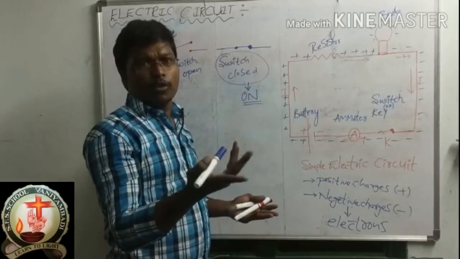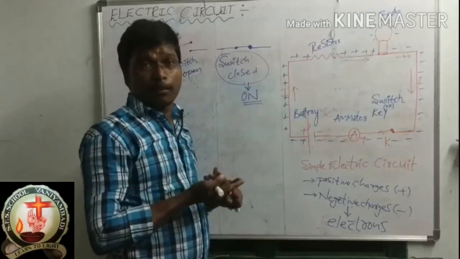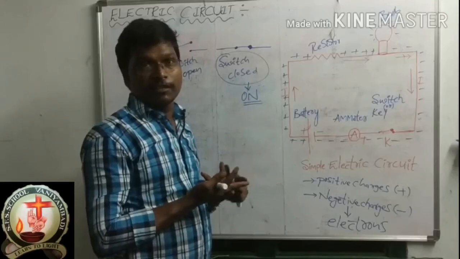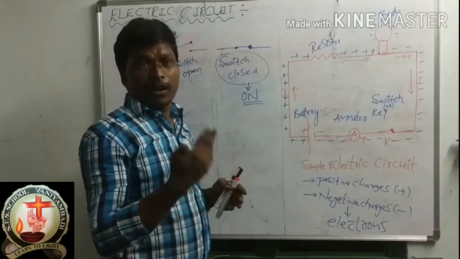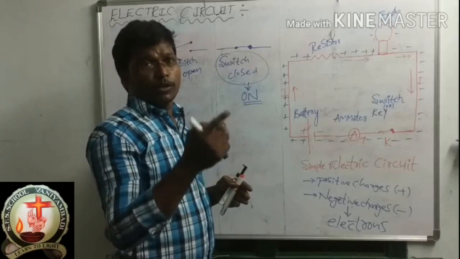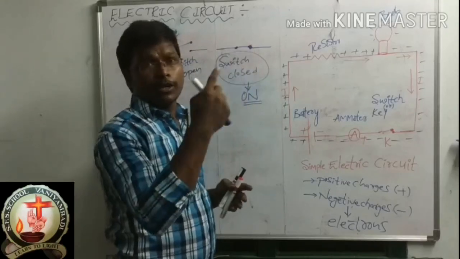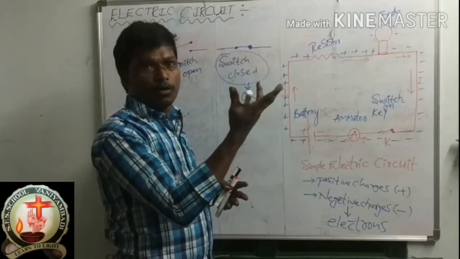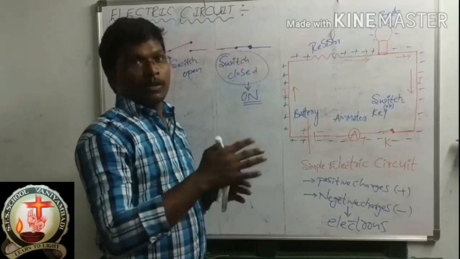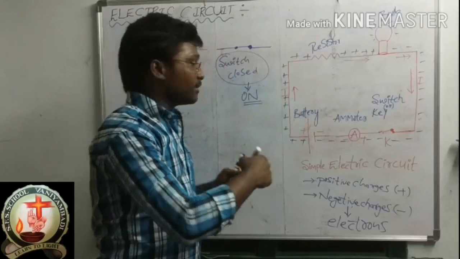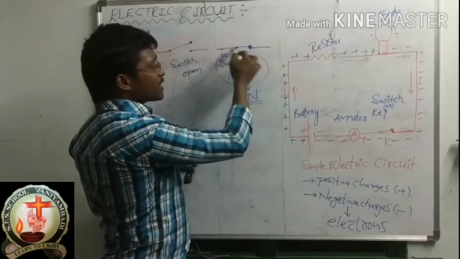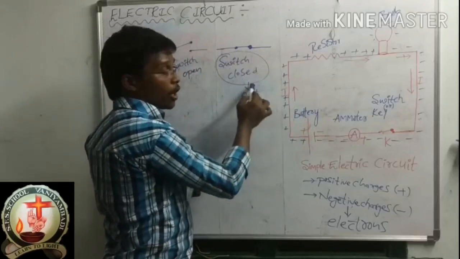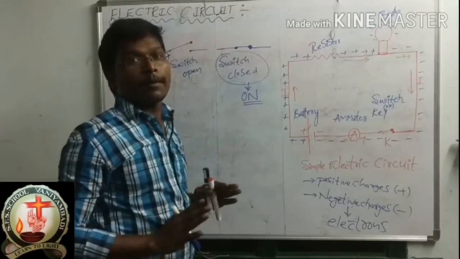That board has so many switches like fan switch, bulb switch, electrical fridge switch, refrigerator switch. Suppose I on the fan switch, the fan will rotate. I on the bulb switch, the bulb will glow. So you are oning the switch means that time what is the condition? Switch is closed. So switch closed means on condition.